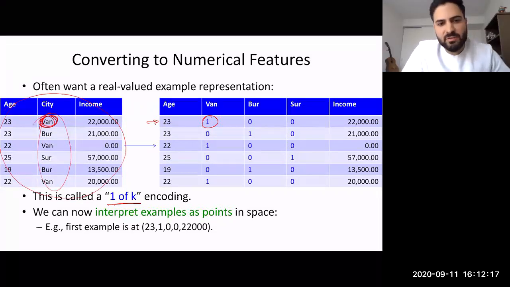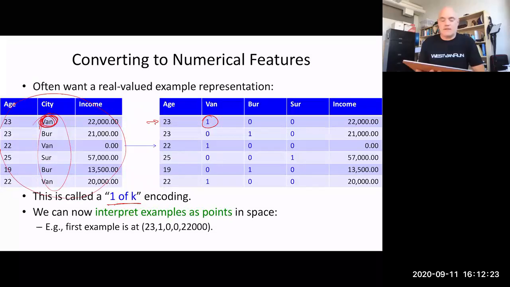Someone's asking, is 1 of k encoding another name for one hot encoding? Yeah, basically, yes. And could you use a different value besides 1? Sure.